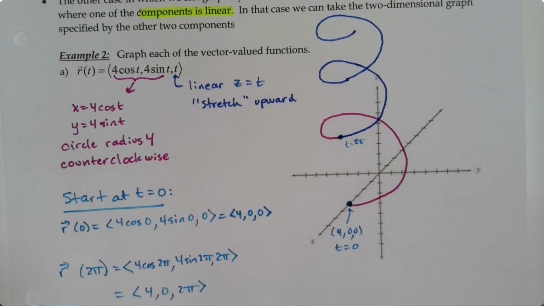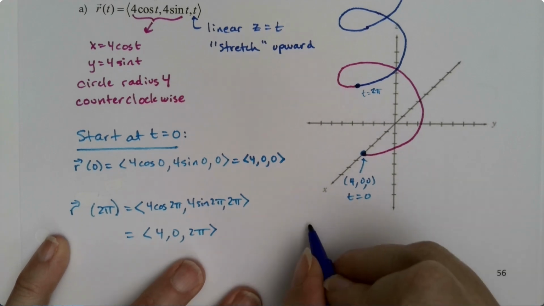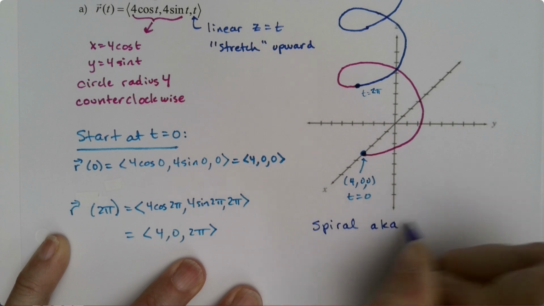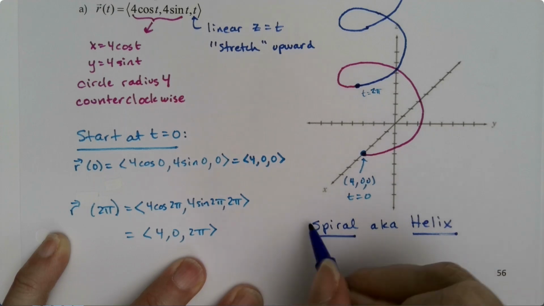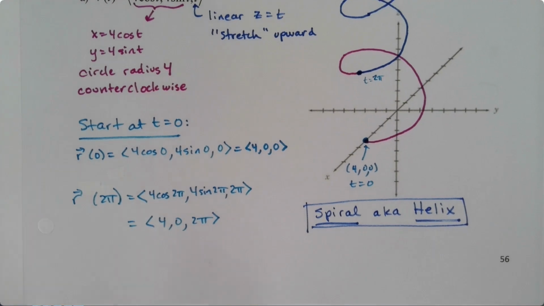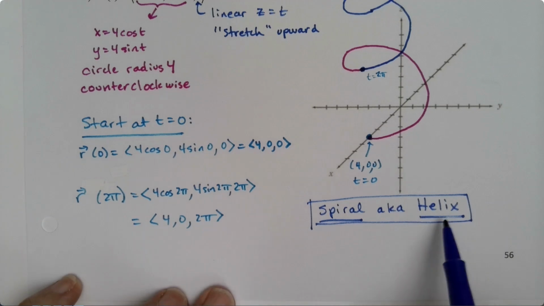So what are we drawing? Badly. What we're drawing is a spiral, right? It's like a spiral staircase. So this is a spiral, aka a helix. That's the fancy name for it. Yes, there is some difference between the two, but for our purposes, we're just going to call them the same thing. All right, so this is a helix.